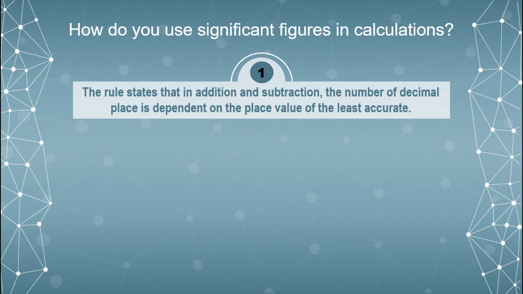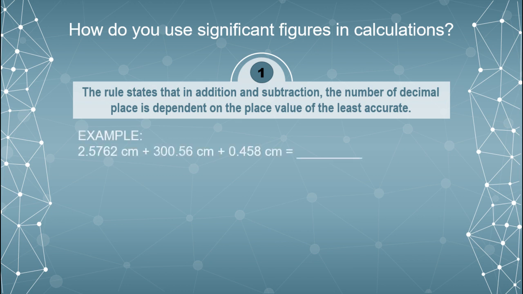The difference, which is the answer to subtraction, ang iyaha nga final answer will be rounded off based on the place value of the least accurate. So, atong tanawon kung unsay pasabot ang least accurate.